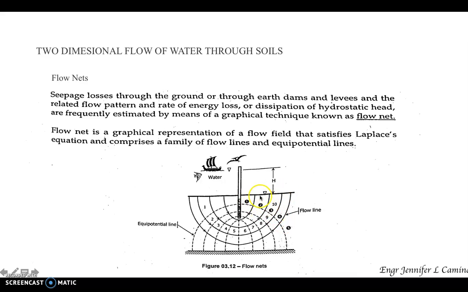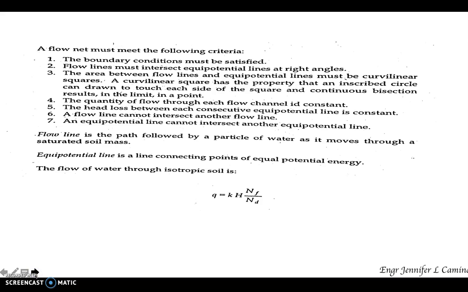So there is no intersection between two flow lines, and there is no intersection between two equipotential lines. A flow line is a path followed by a particle of water as it moves through a saturated soil mass. An equipotential line is a line connecting points of equal potential energy.